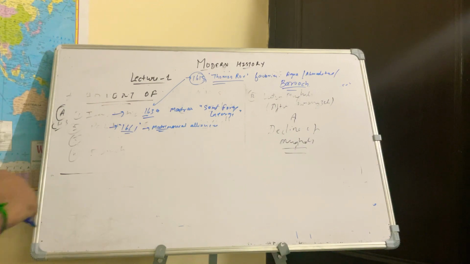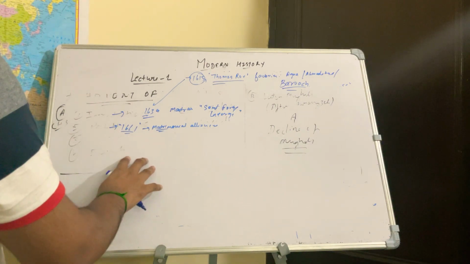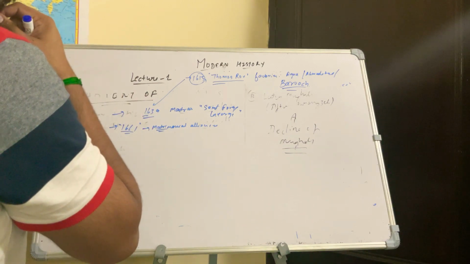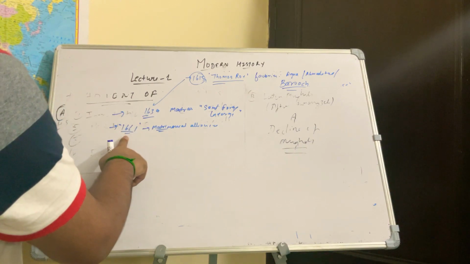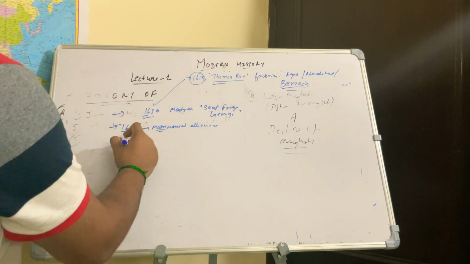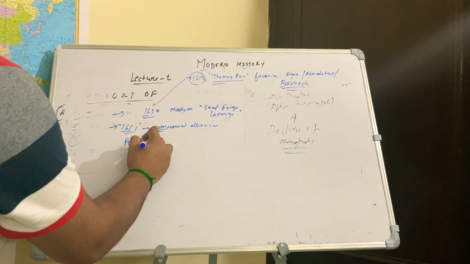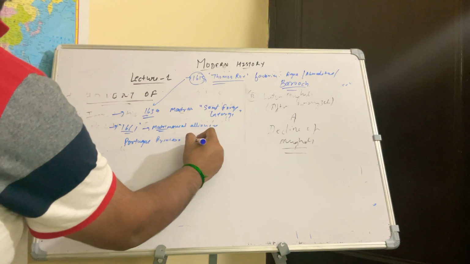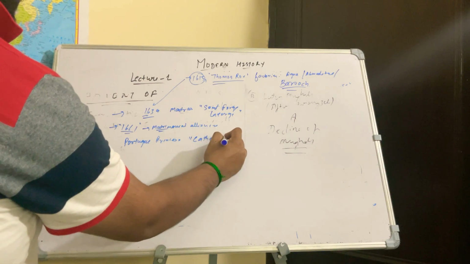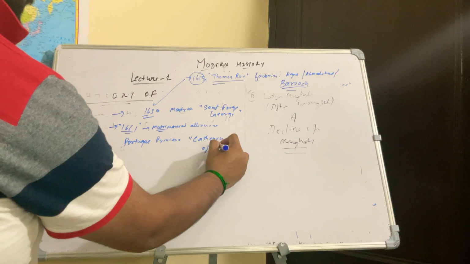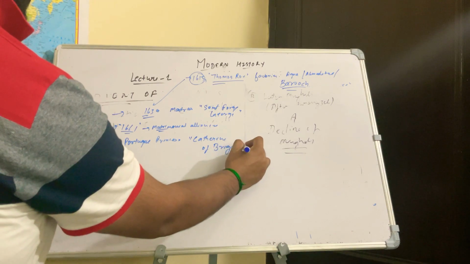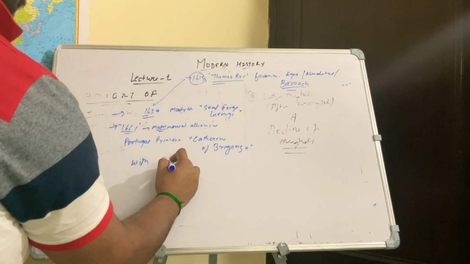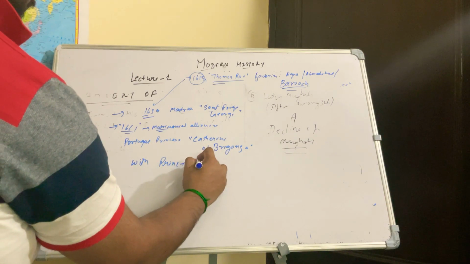So in an attempt to make relations normal or friendly, in 1661 there was a matrimonial alliance between the Portuguese princess Catherine, I'll just write down the name, of Braganza with Prince Charles of Britain.